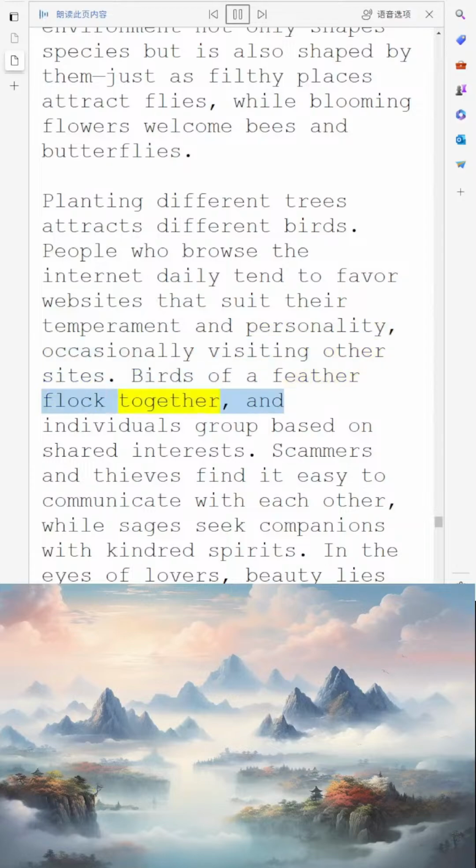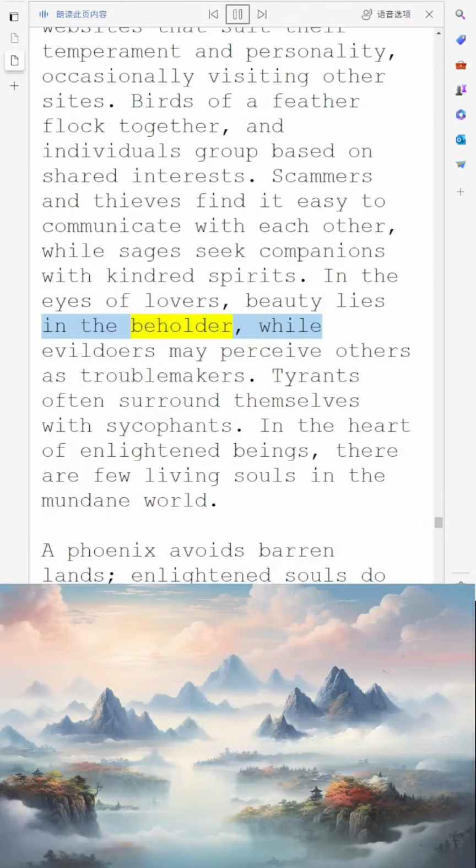Birds of a feather flock together, and individuals group based on shared interests. Scammers and thieves find it easy to communicate with each other, while sages seek companions with kindred spirits. In the eyes of lovers, beauty lies in the beholder, while evildoers may perceive others as troublemakers. Tyrants often surround themselves with sycophants.